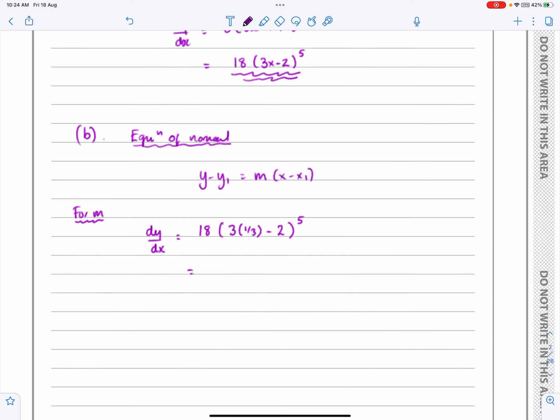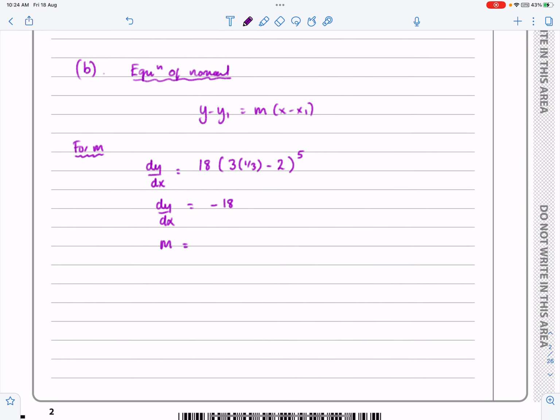Just stick it all into the calculator. It works out to be equal to minus 18. So if that's dy by dx, then m is going to be equal to minus 1 over that, because it's a normal, not a tangent. So that means m is equal to 1 over 18.